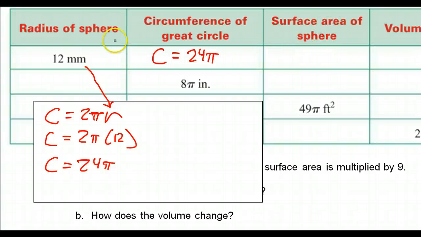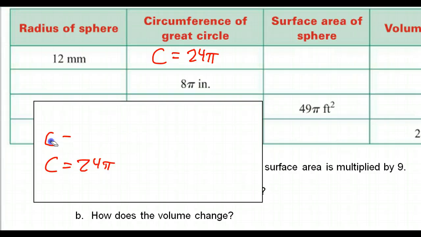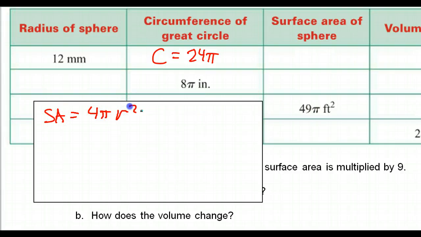Now let's go ahead and find the surface area. Which is just a new formula. The surface area is 4 pi r squared. That means the surface area is going to be 4 pi times 12 squared.